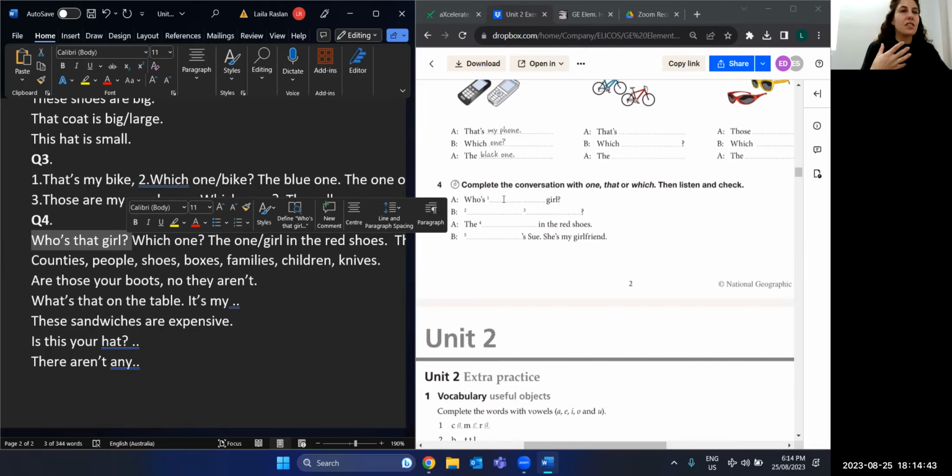Okay, extra practice. Next page. Complete the words. So camera. Number 2, bottle. So bottle. Number 3, first aid kit. So remember, this is when we looked at the stuff that was in the rucksack.